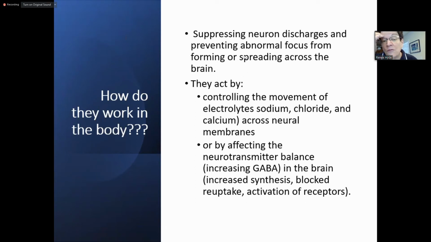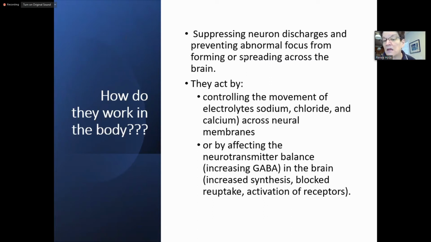A lot of them act by controlling the movement of electrolytes like sodium, chloride, and calcium across neuronal membranes. Or they affect the neurotransmitter balance by increasing GABA. And remember, GABA is one of those neurotransmitters that calm things down.